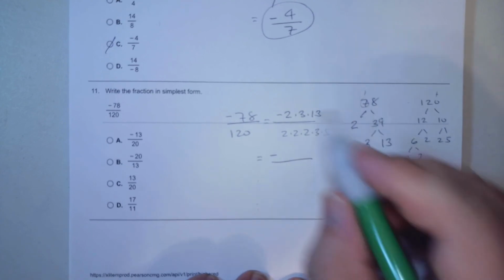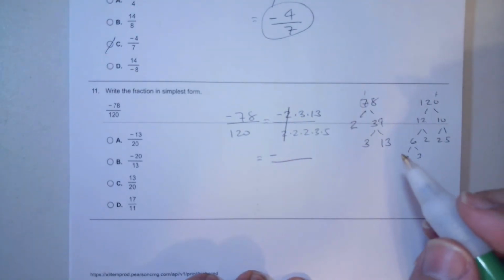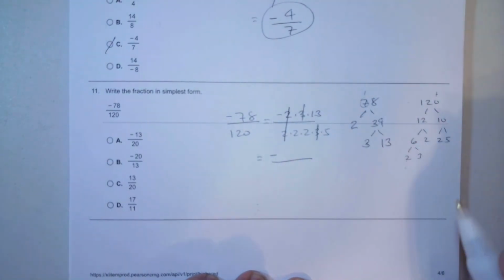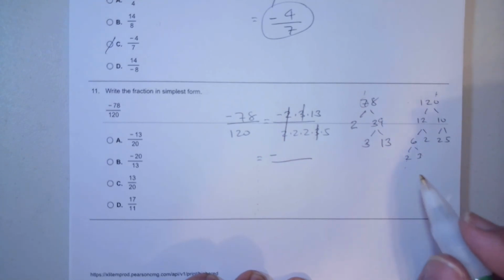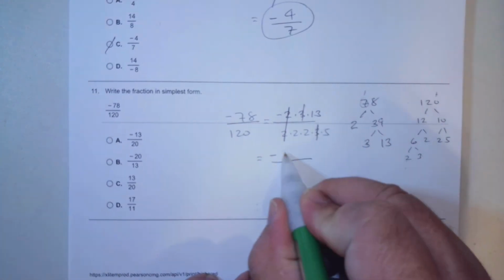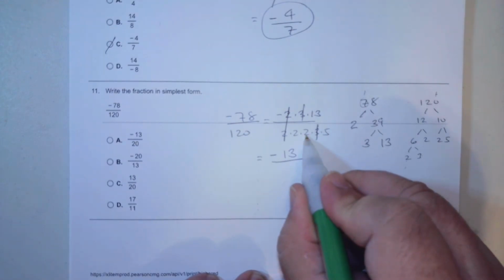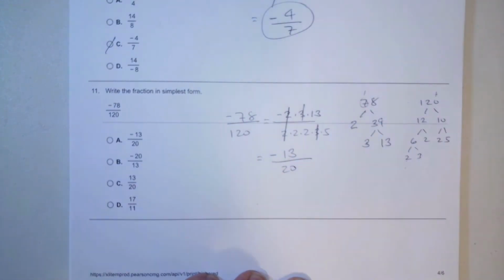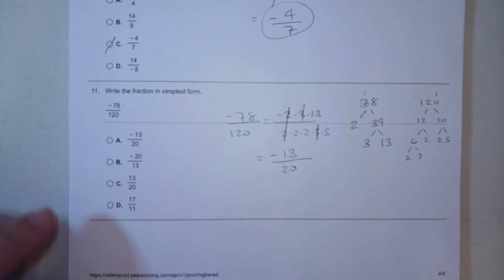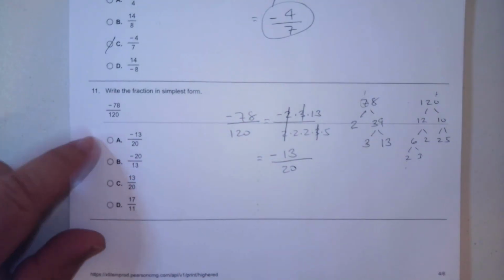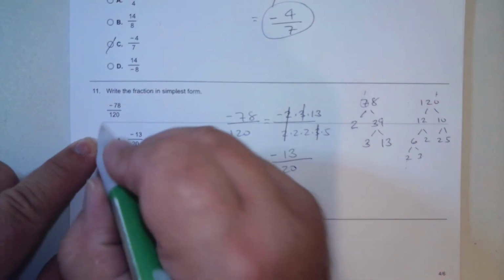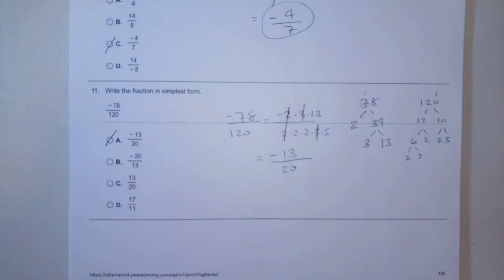We have a negative on top. The 2's cancel. One of the 3's cancel. That's it. We have 13 on top. 5 times 2 is 10, times 2 is 20. That's as far as you can go. A. Alright, good luck everybody.